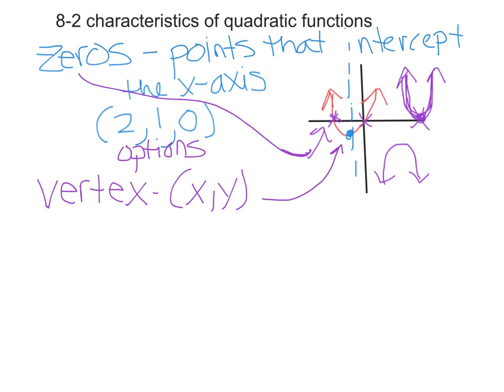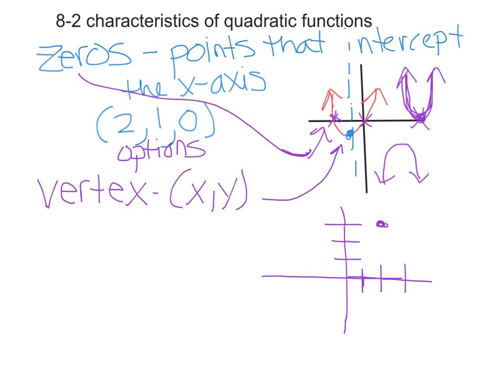If I tell you, let's say, draw a graph and make your vertex at, let me think, don't want to touch 0, so it has to be 1. At 2, 3. Make your vertex at 2, 3.